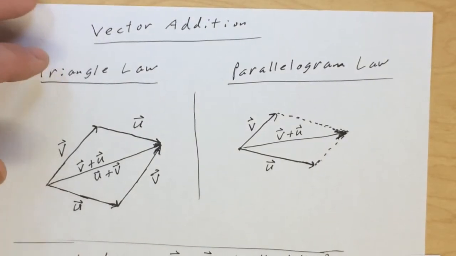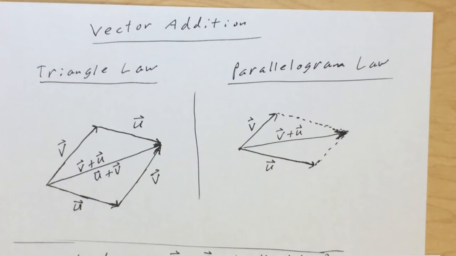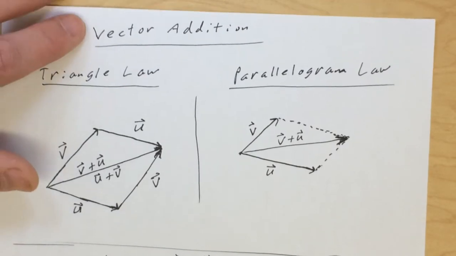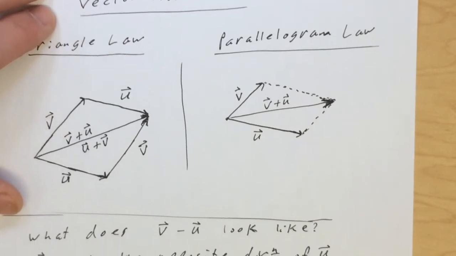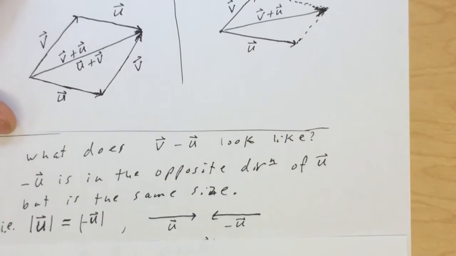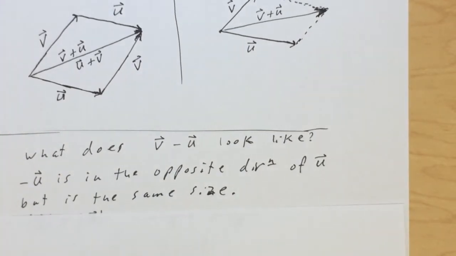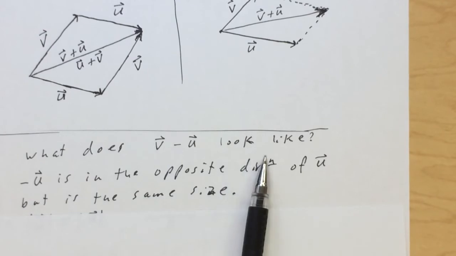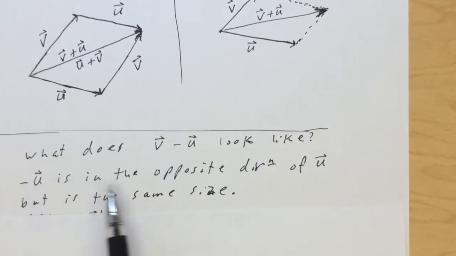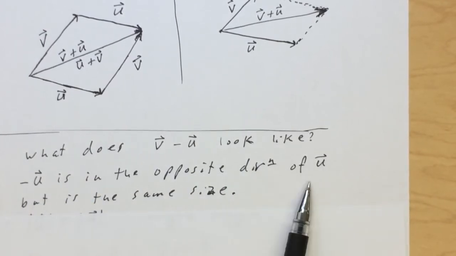So the next question is, if we know what v plus u or u plus v looks like, what does v minus u look like? Well, negative u is the opposite direction of u but the same size.